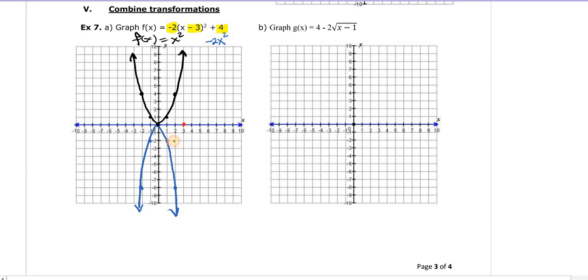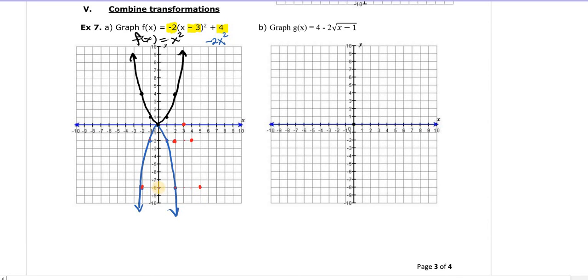The point 1 and -2, shifted to the right 3 units, becomes 4 and -2. The point -1 and -2 becomes 2 and -2. Similarly, 2 and -8, shifted to the right 3 units, becomes 5 and -8.